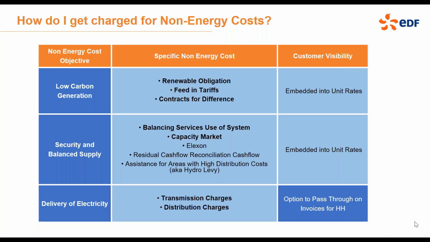RCRC, residual cash flow reconciliation, that's a nice easy one, whoever named that, is linked to balancing services use of system, and it just ensures that the flow of continual reconciliation, half hour to half hour, hour to hour, day to day is balanced out, because we have to always look at what's happening now and what's happened historically.